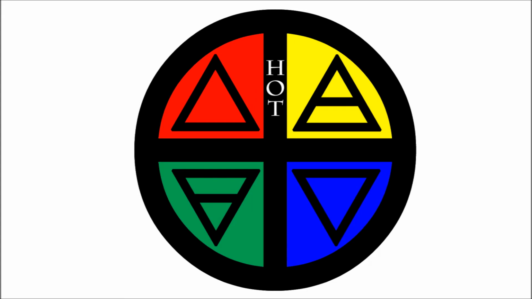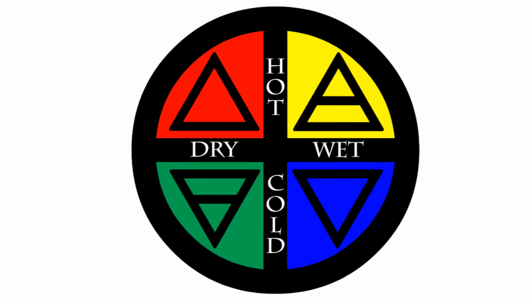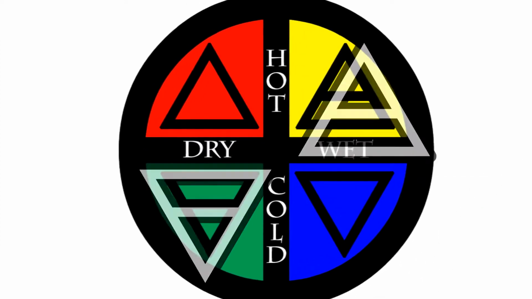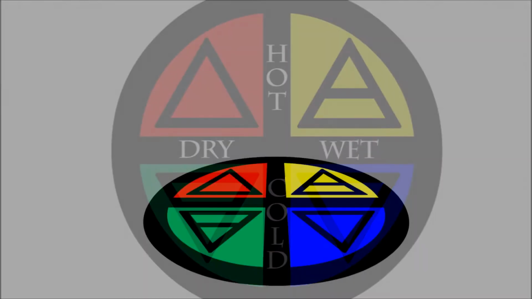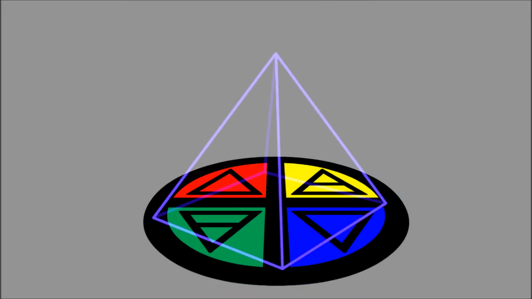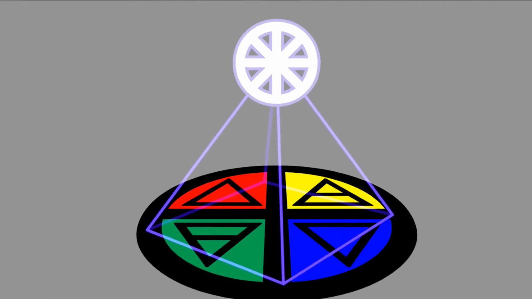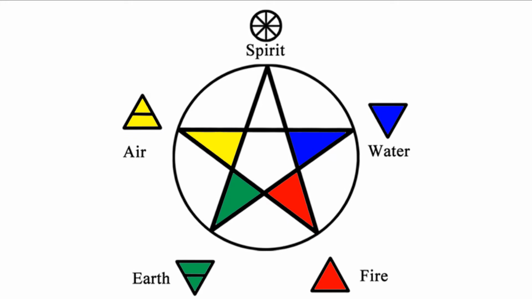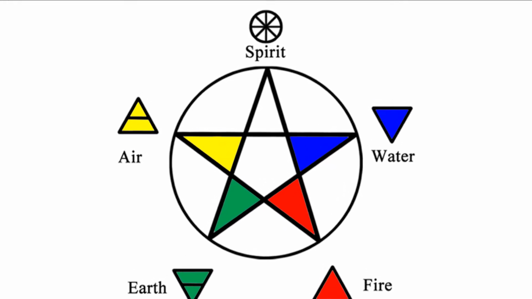Fire and earth are both dry. Water and earth are both cold. And water and air are both wet. So we have that dynamic going on, more polarities. Starting to see that here? And the unity of the opposites becomes spirit. Make sense? Okay, cool. So that's the quick and dirty on the 5 elements.